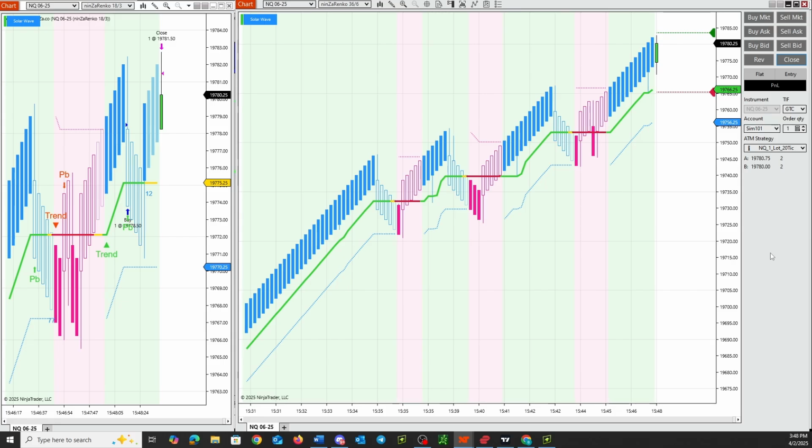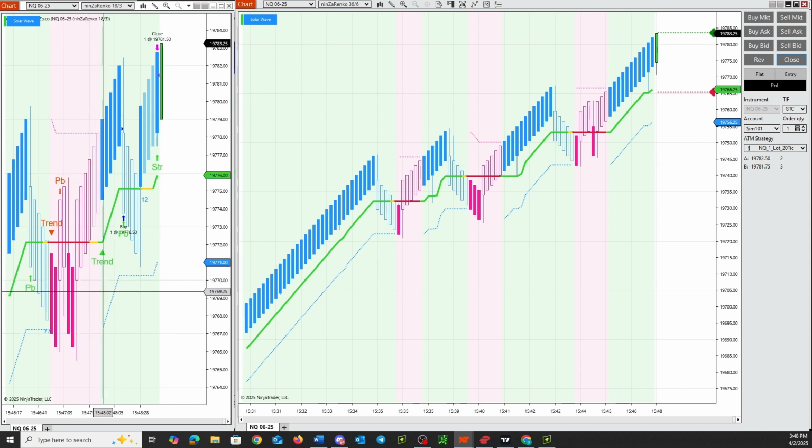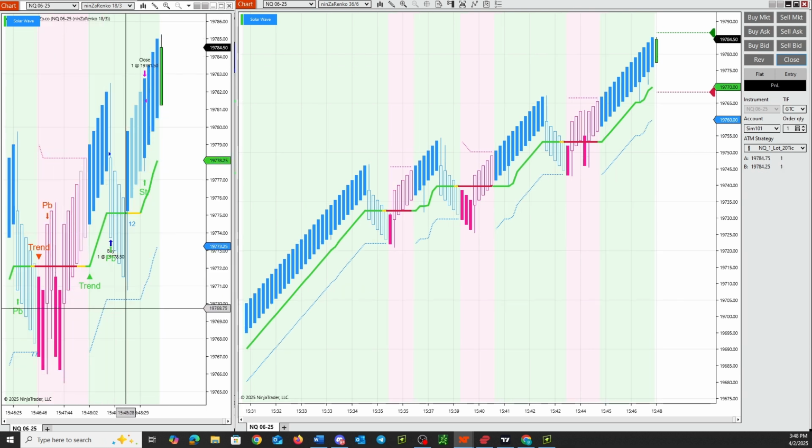And we're out. Another 5 ticks. I was just doing that manually because I'm entering over here and I don't have the thing set. So hopefully you've seen how that works. It works pretty good.